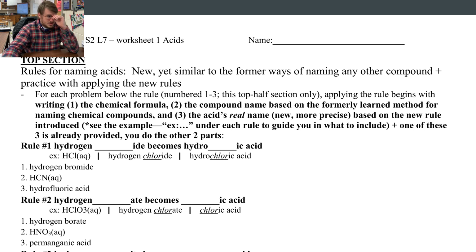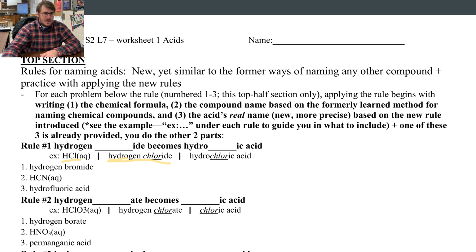In the example, I'm going to skip the rule for a second, because the rule we just apply to each of the different scenarios. So in this example, it says HCl, that's the chemical formula. Then it gives the old rule's name. We would call that hydrogen chloride by the old rules. For the new rules, we have to look at the rule to actually apply it.